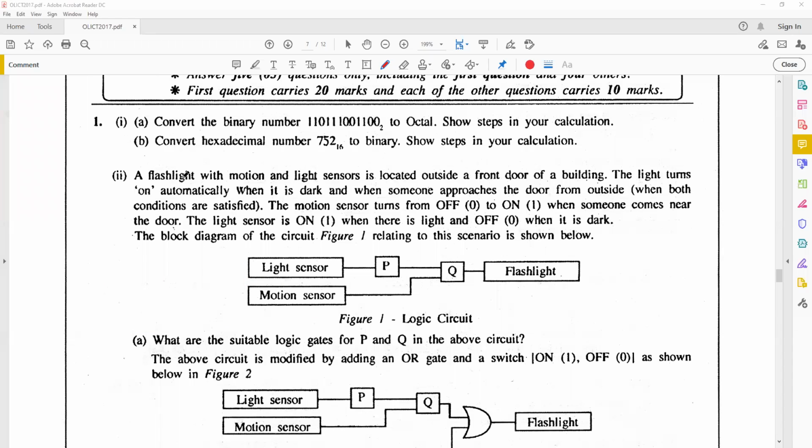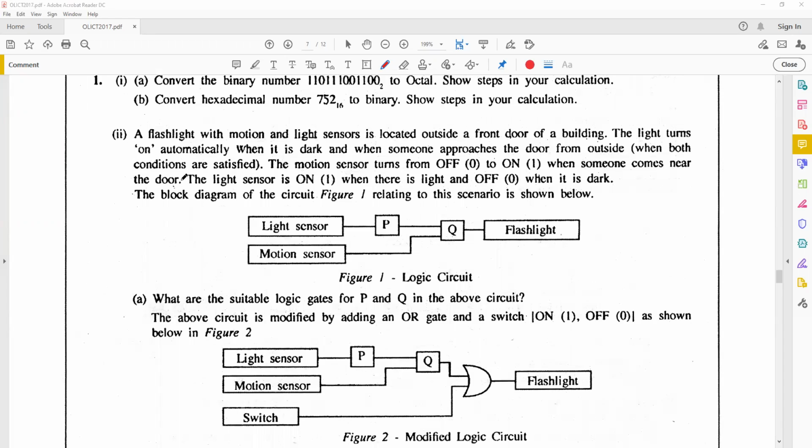Question number 1, part 2. A flashlight with a motion sensor is located outside the front door of a building. The light turns on automatically when it's dark and when someone approaches the door from outside.